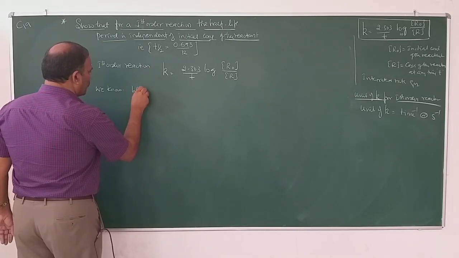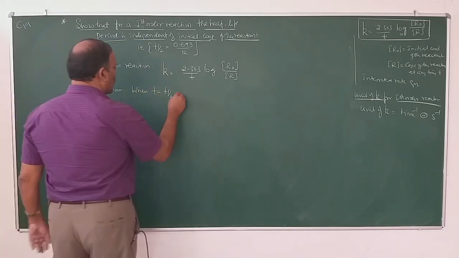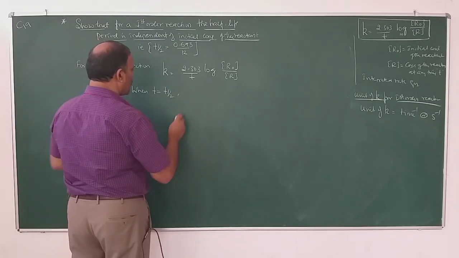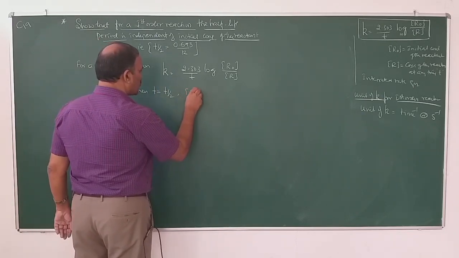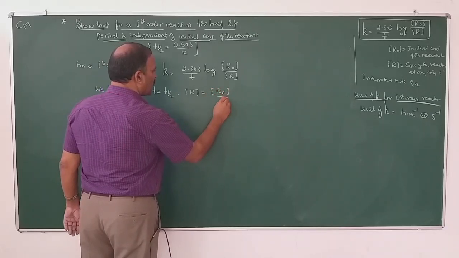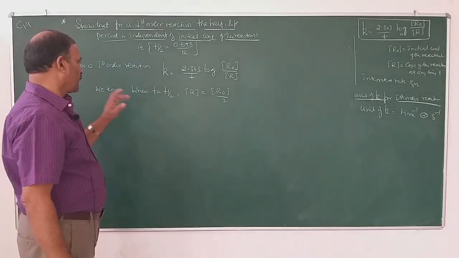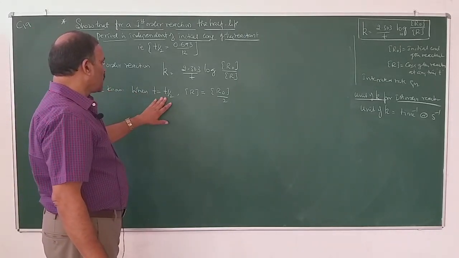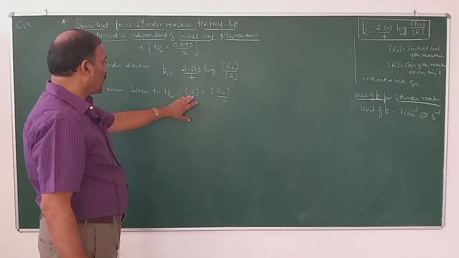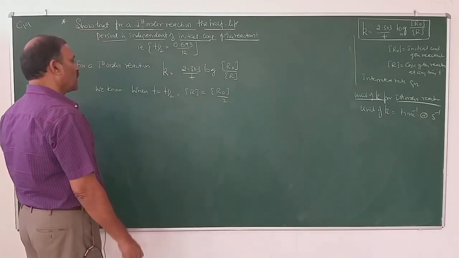So by definition, we know when T equals T half, when time is equal to half-life period, then concentration of the reactant R is equal to R naught divided by 2. This is the definition of half-life period. So when T is equal to T half, concentration of the reactant at T half is half of its initial concentration.